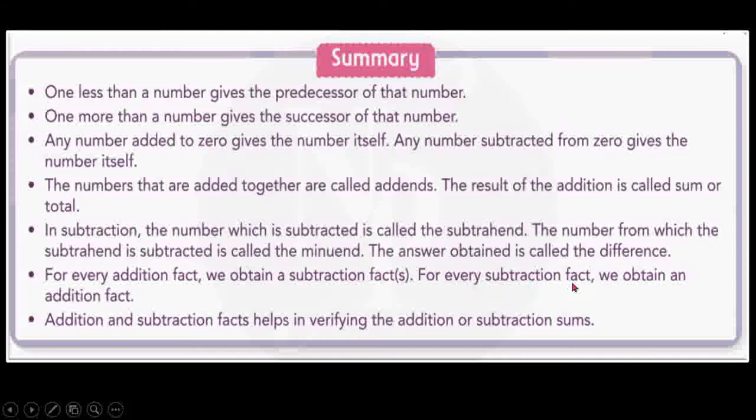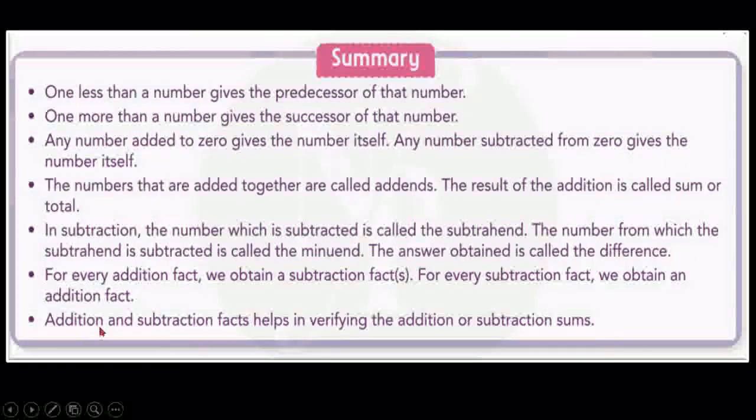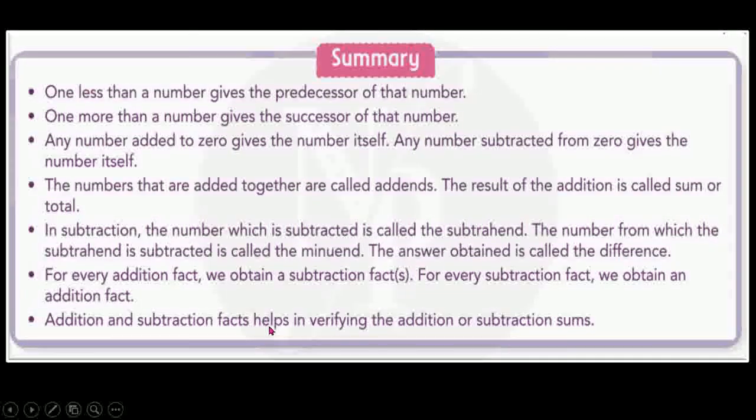For every subtraction fact, we obtain an addition fact. So we have solved several problems on this, so we are familiar now. The last point is addition and subtraction facts help in verifying the addition or subtraction sums. So these facts can be used for verification of addition or subtraction sums.